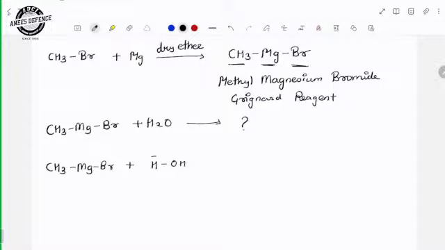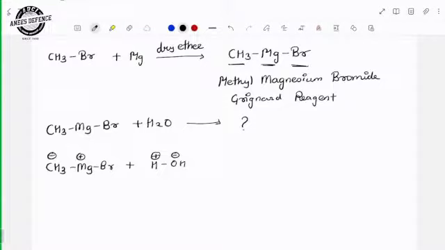This is also water, right? In this, H is the positively charged species and OH is the negatively charged species. In CH3 and MgBr, MgBr will be positive and CH3 will be negative in nature. Why? Because when we look at carbon and magnesium, magnesium is more electropositive than carbon, so that's why it has a positive charge.